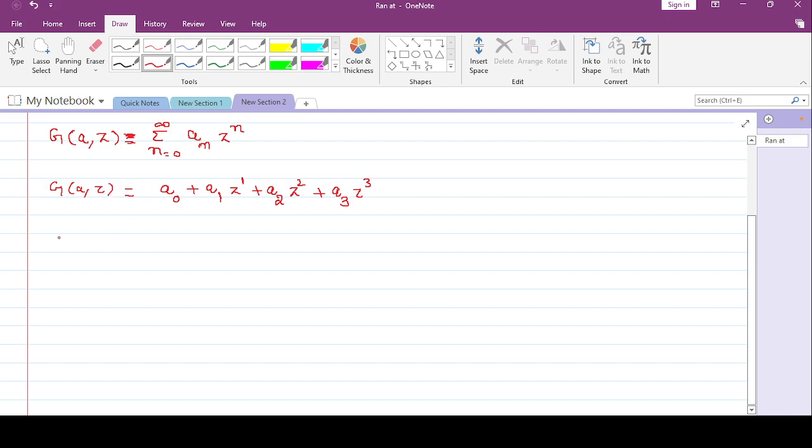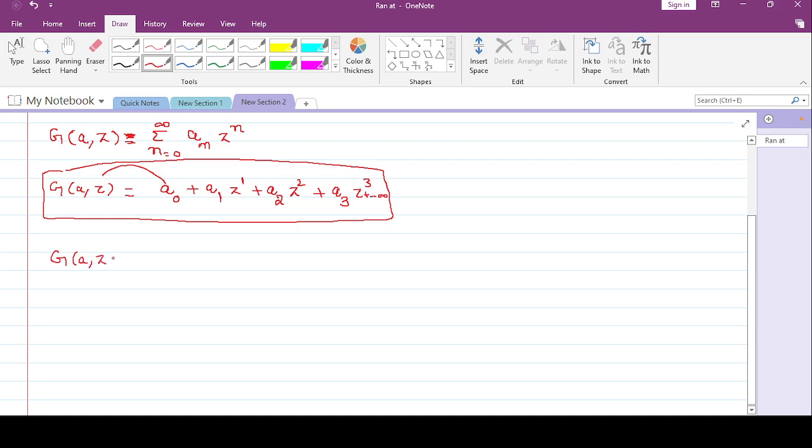Now you were told that you should remember this expression always, up to infinity. If you bring this term to this side, it becomes G(z) minus a0, equal to a1 z plus a2 z square plus a3 z cube and so on.